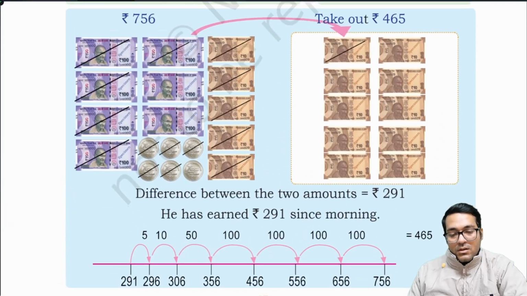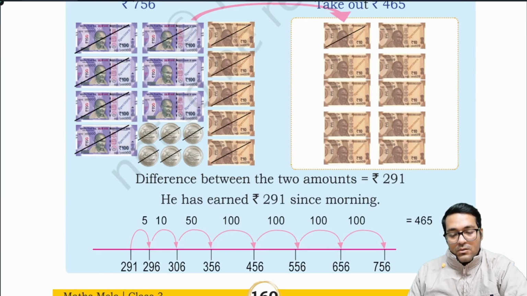You may use notes and coins, or you may use a number line like this. 465 subtracted from 756. 6 minus 5 is equal to 1. Since you can't take 6 from 5 in tens, 100 is taken out from 7.